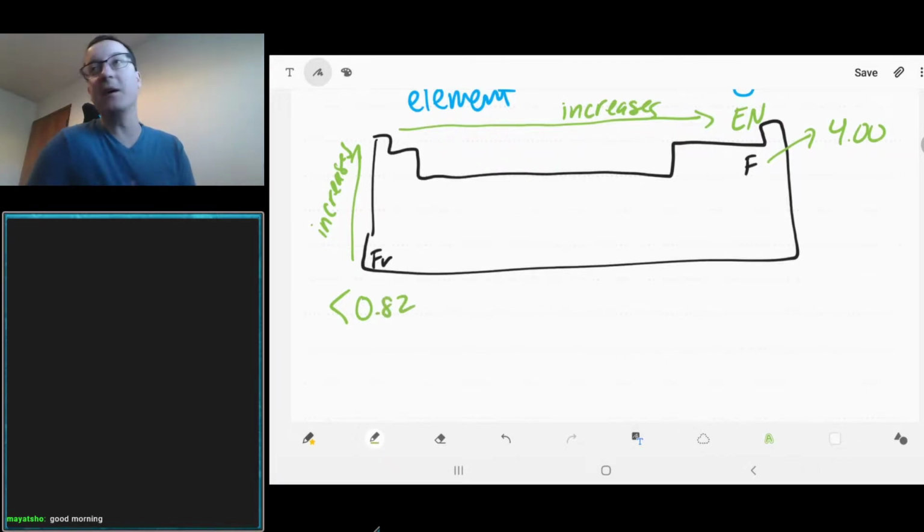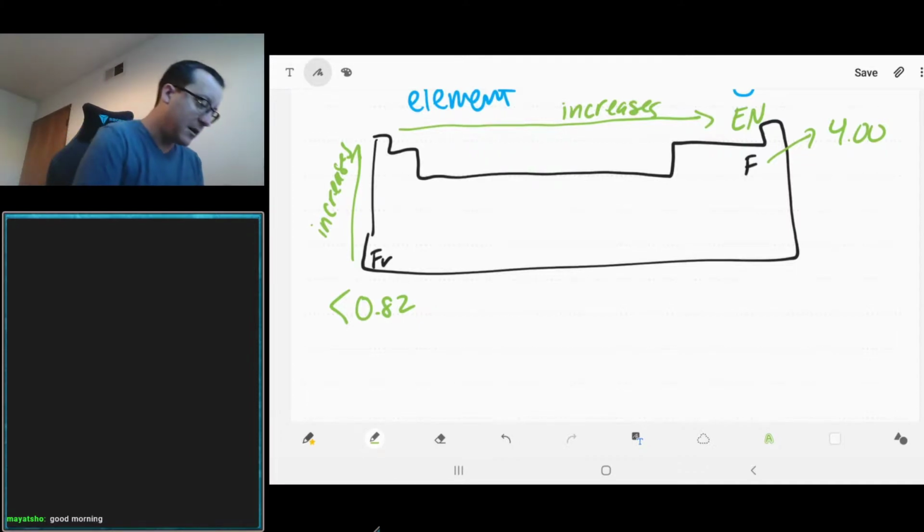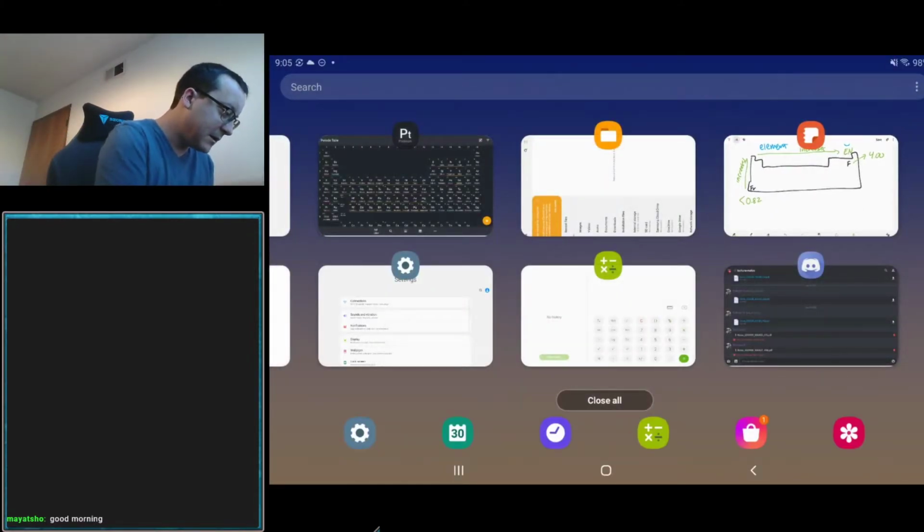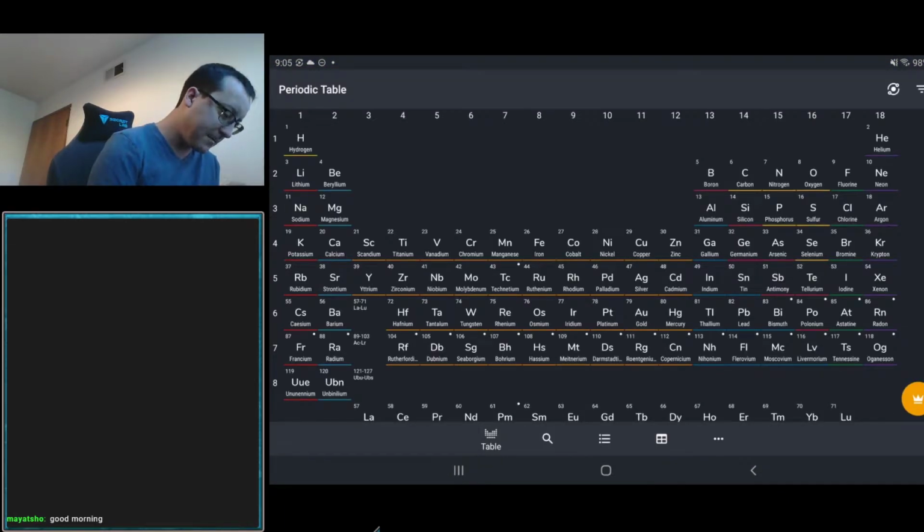They've stopped at rubidium on this particular short little table. However, if you just Google electronegativity based on the elements, or if you look on your handy dandy apps, most of them will show you electronegativity values.